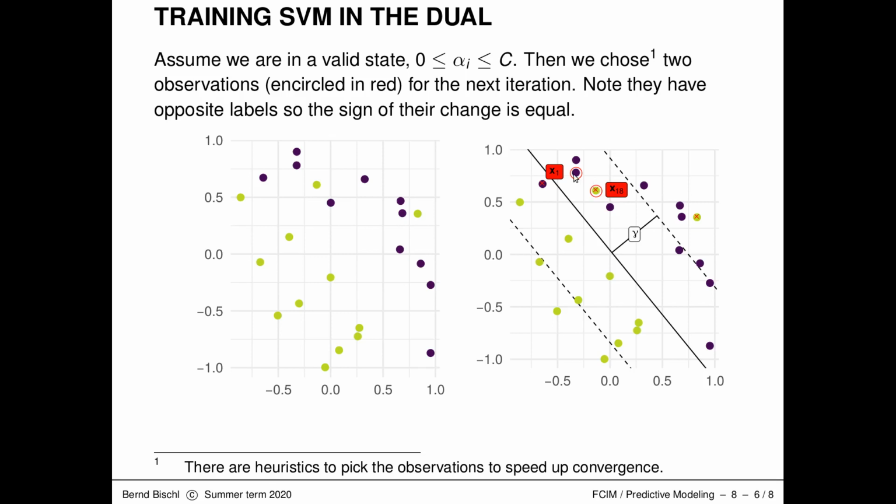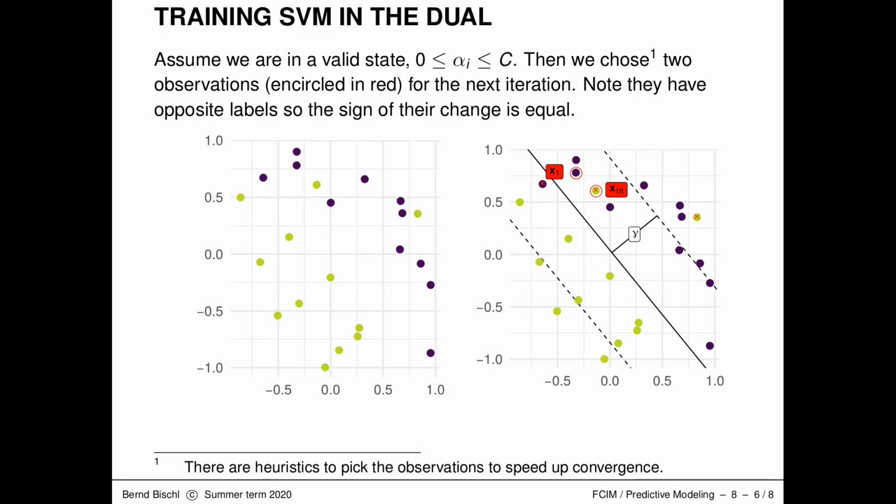And I now want to optimize in terms of these two data points, which means I want to optimize alpha 1 and alpha 18, so the associated dual variables, or you could also say the associated Lagrangian multipliers.